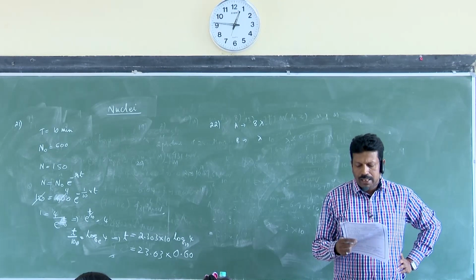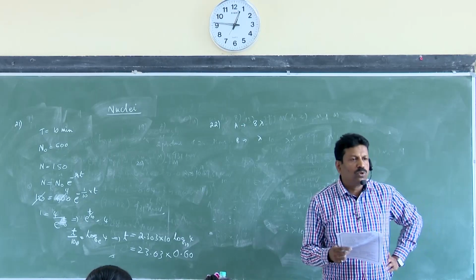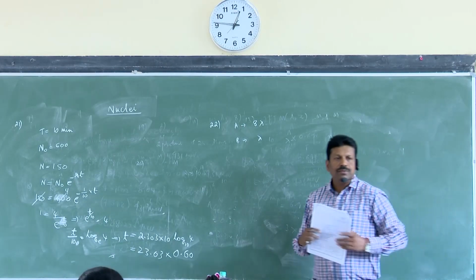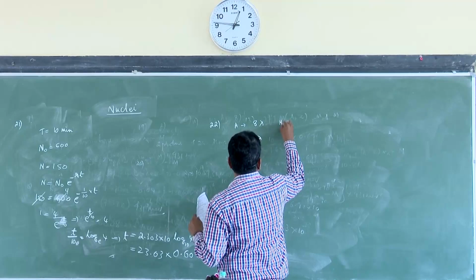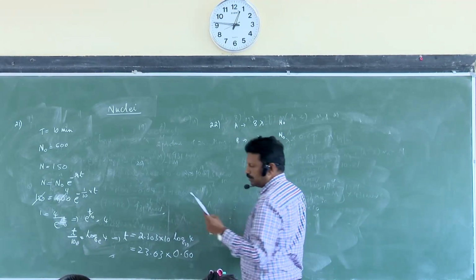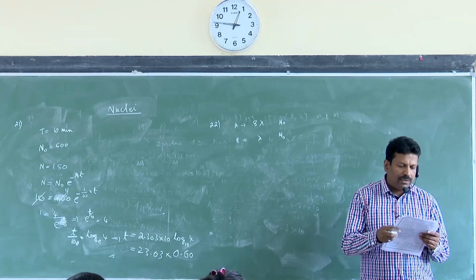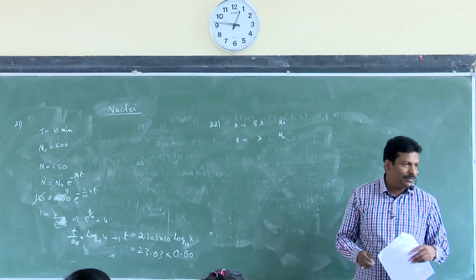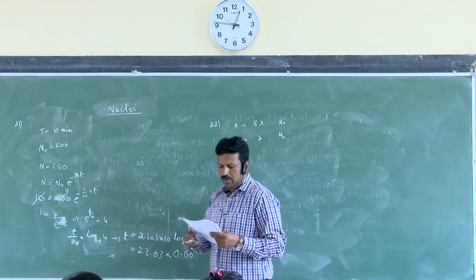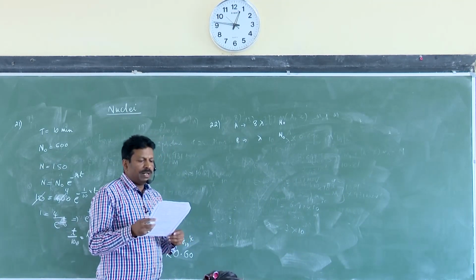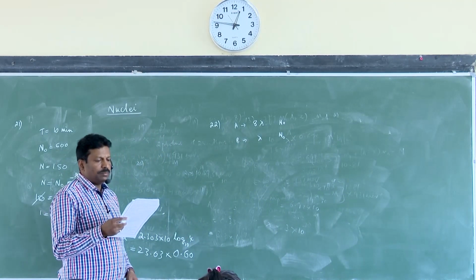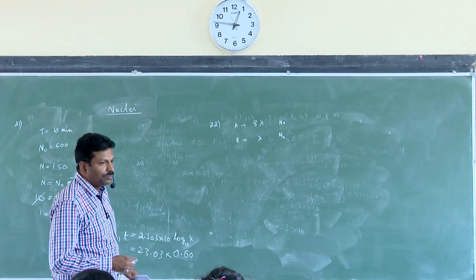Okay. Initially both of them have the same number of nuclei. After what time the ratio of number of nuclei of material B to that of A will be 1 by e? After what time the ratio of number of nuclei is 1 by e? Right?